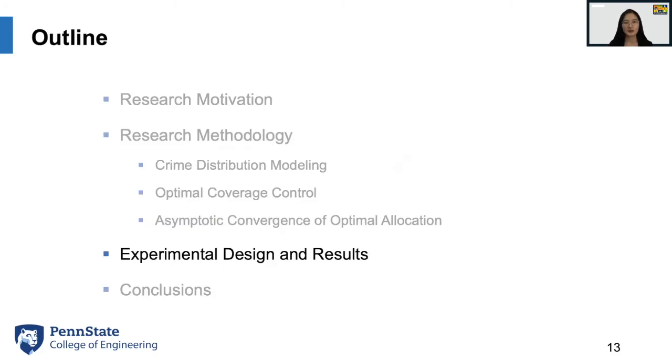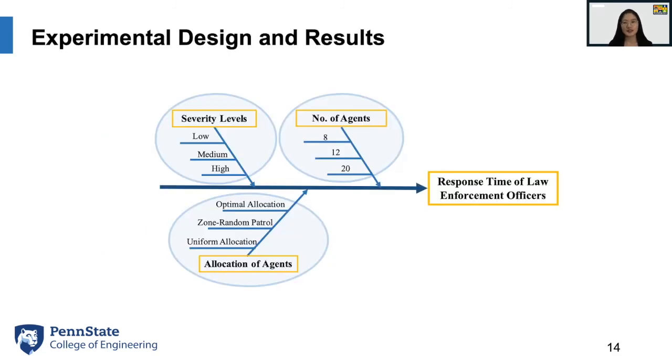In the experiment, we designed a three-way layout experiment to test the performance of proposed algorithm. First, crimes are categorized into low, medium, high severity levels. Second, limited resources of law enforcement are allocated with the proposed algorithm, which includes settings of 8, 12, 20 agents.